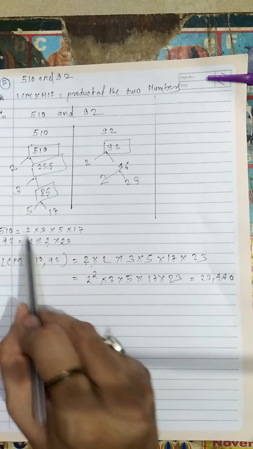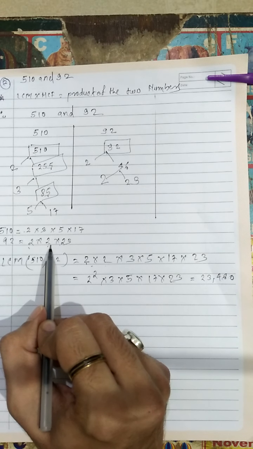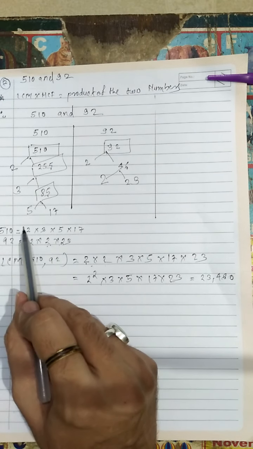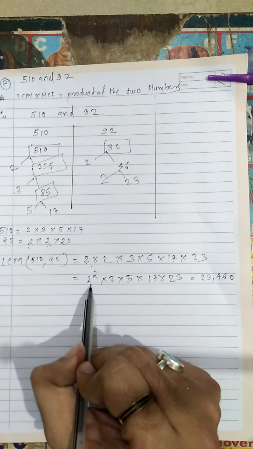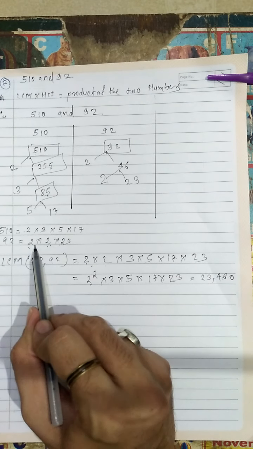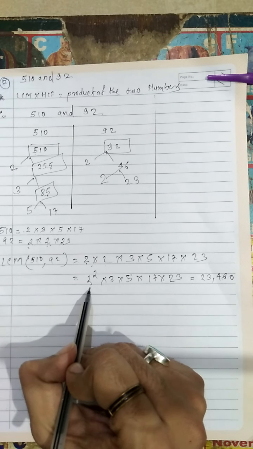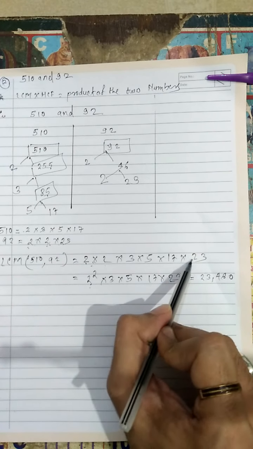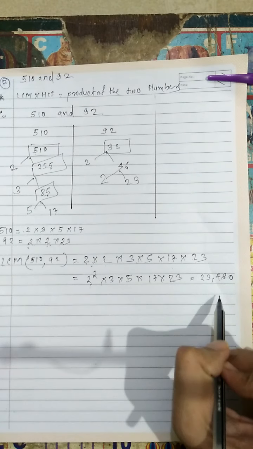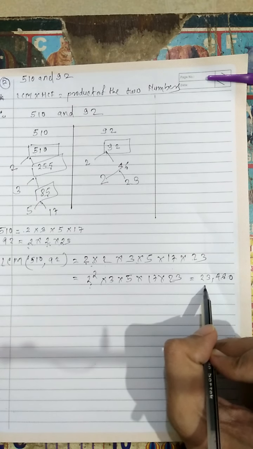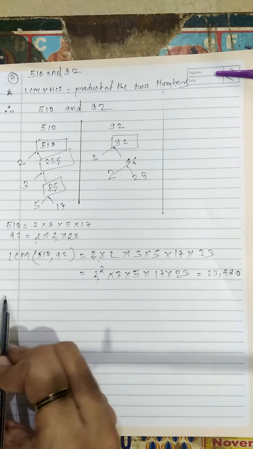But here 2 appears 3 times, and you write down the pair, 2 squared. Do not make a mistake here. Then 23, 3, 5, 17. And with all the multiplication you get the answer 23,460.